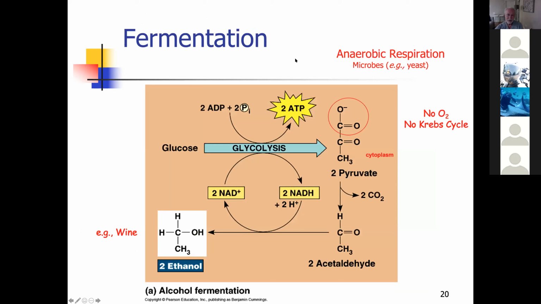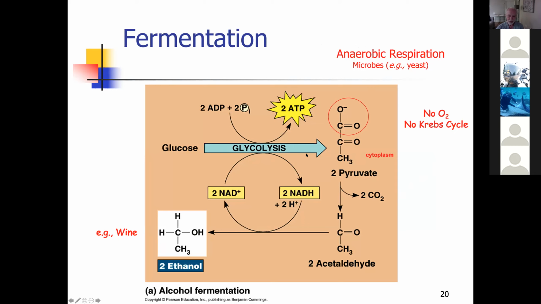So now let's talk about what if you run out of oxygen, anaerobic respiration. It can occur in microbes like yeasts, or as we'll get to in a minute, it can occur in your muscles. So what happens? We have glucose glycolysis occurring in the cytoplasm.